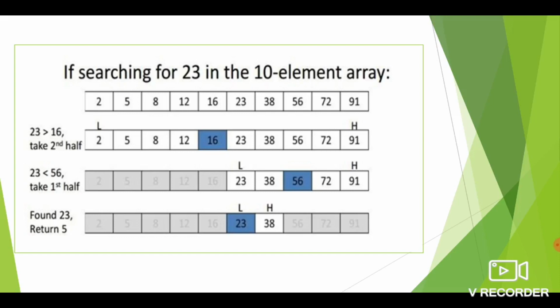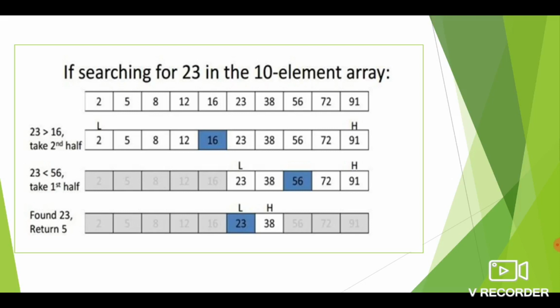So how can you perform the searching operation? You set low as middle plus 1 and high as usual the last element. Again you find the middle element. Our middle element is 56. Our searching element is 23.